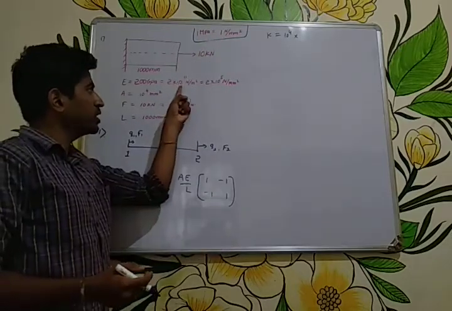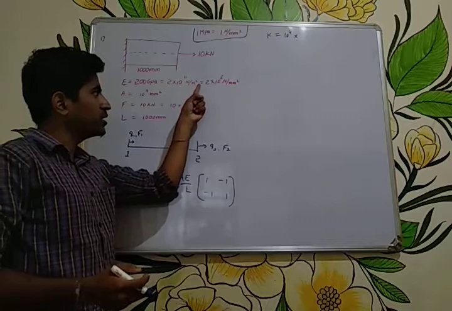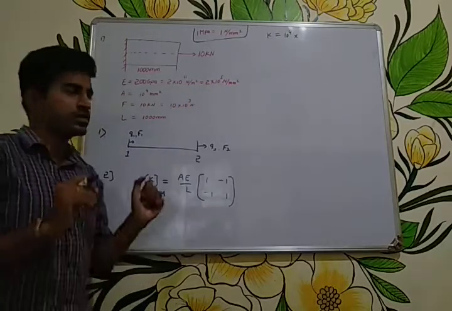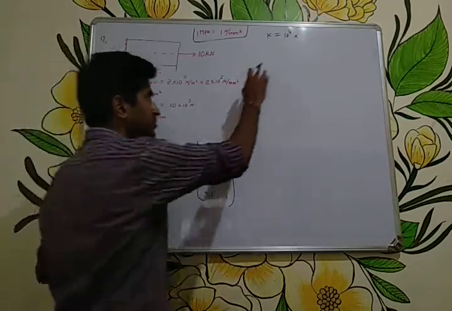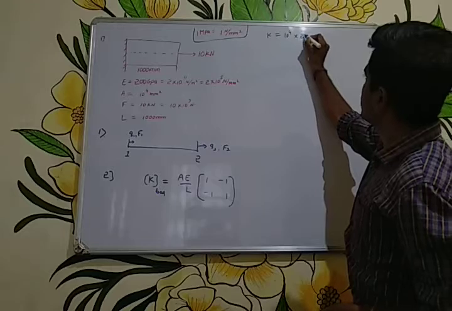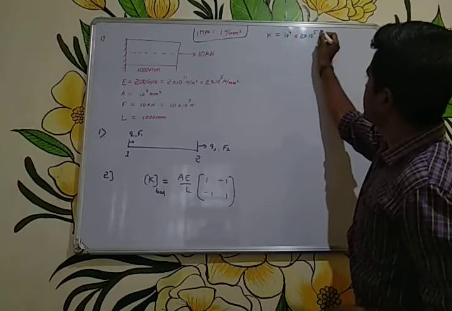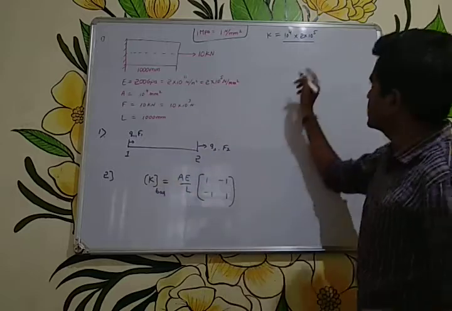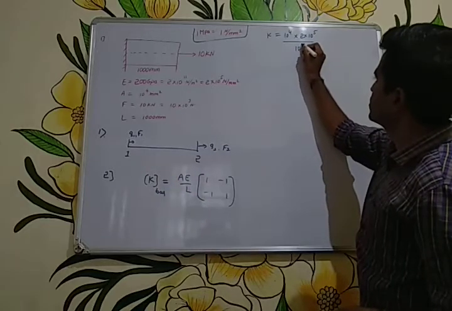So 2 into 10 to the power 11 newton per meter square is nothing but 2 into 10 to the power 5 newton per mm square. Now let us substitute here. Young's modulus is 2 into 10 to the power 5, divided by the length of the element, 1000 mm, that is 10 to the power 3.